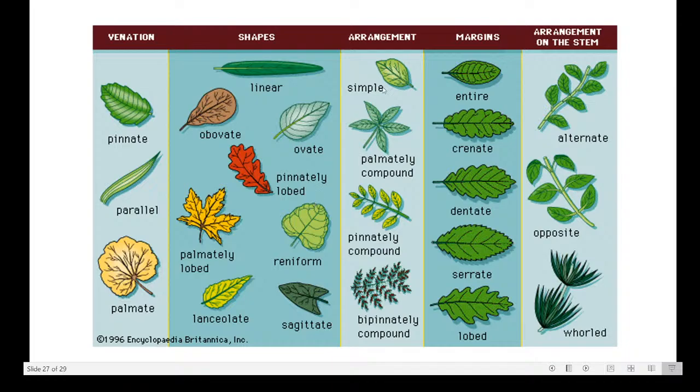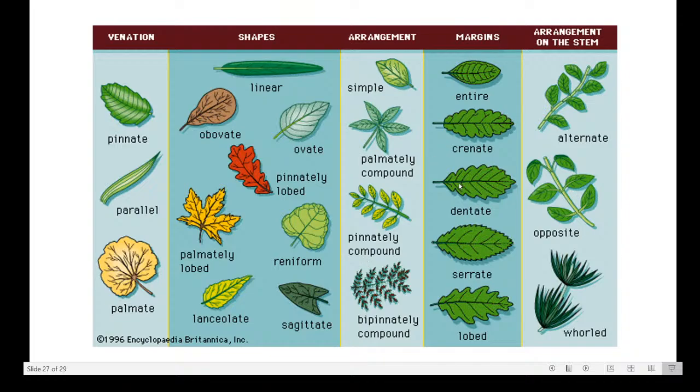Then the arrangement: simple, palmately compound, pinnately compound, or bipinnately compound. Bipinnately means the pinnae are themselves arranged in a pinnate mode. So parallel veined, linear shape, pinnately compound.